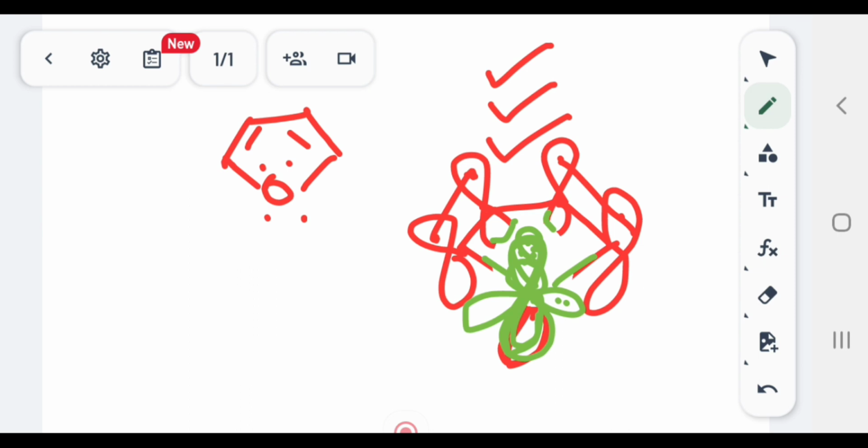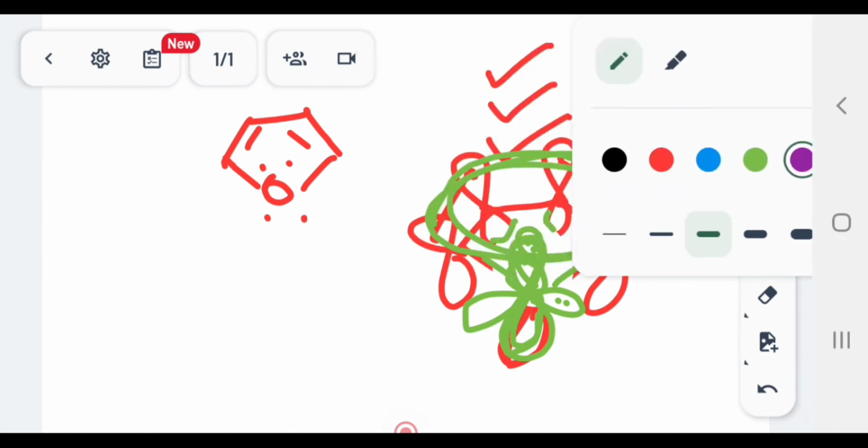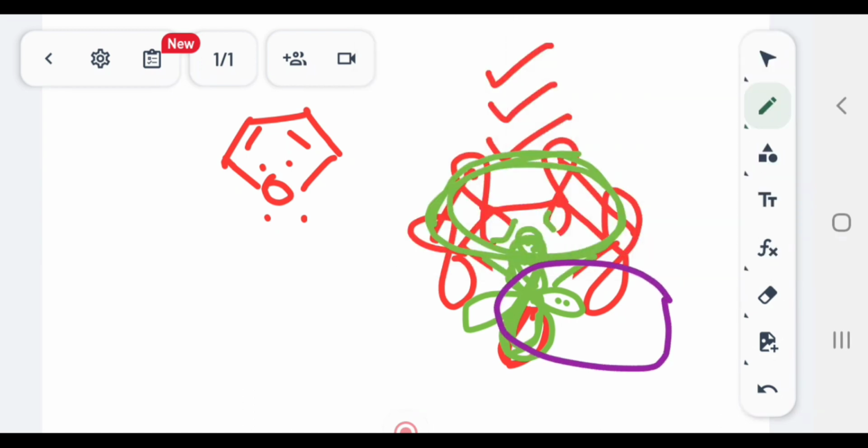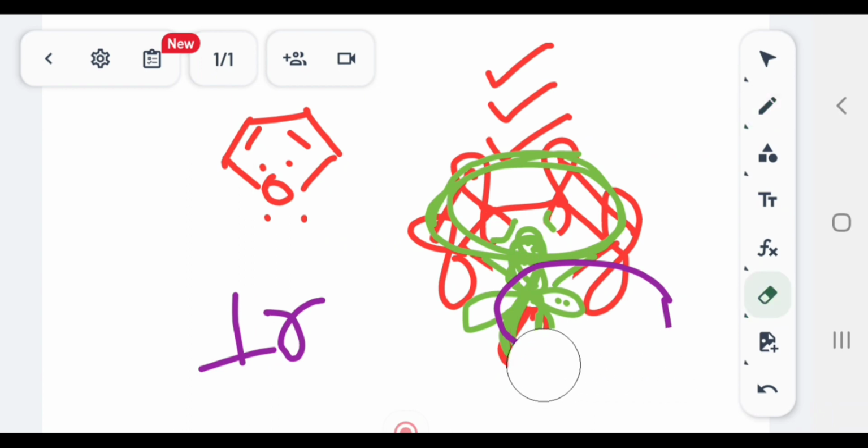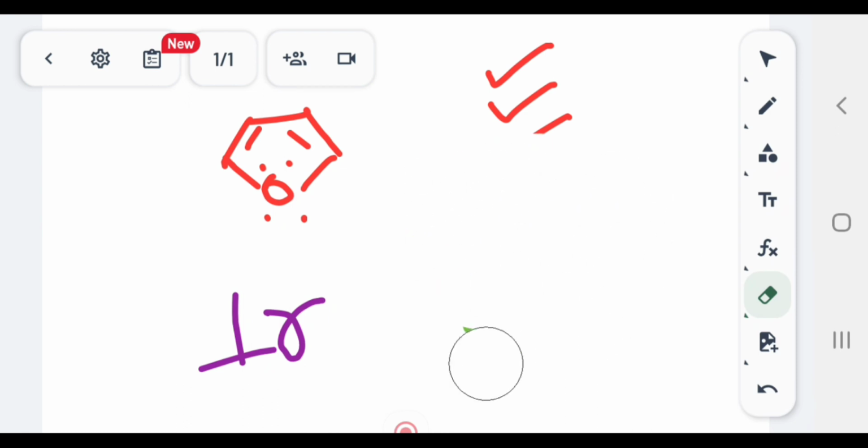See, all these should be planar. This and these orbitals will be in conjugation. But what about this lone pair of electrons? What about this lone pair of electrons? It is perpendicular to the plane. Since it is perpendicular to the plane, it cannot take part in conjugation. I hope you can understand this concept.